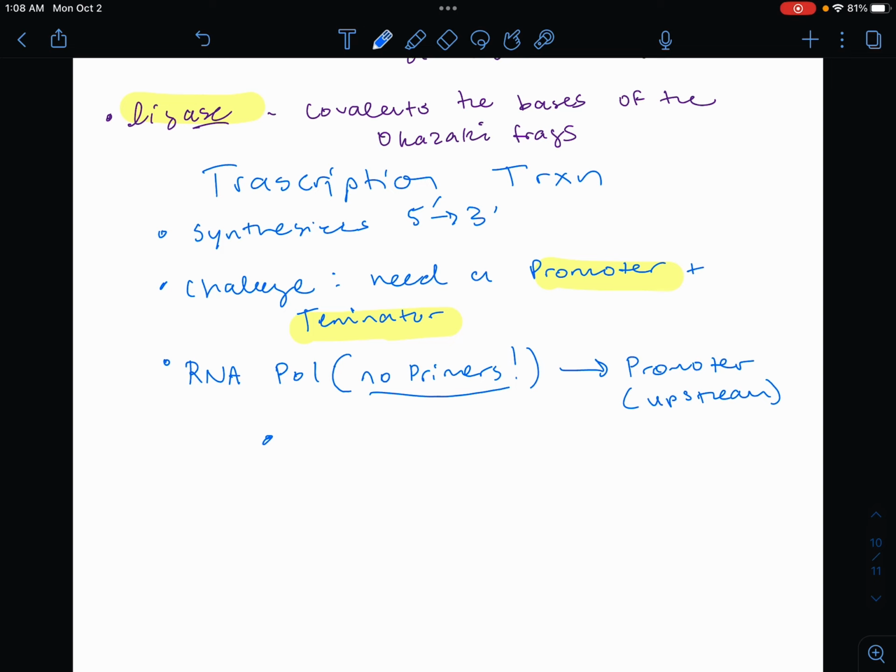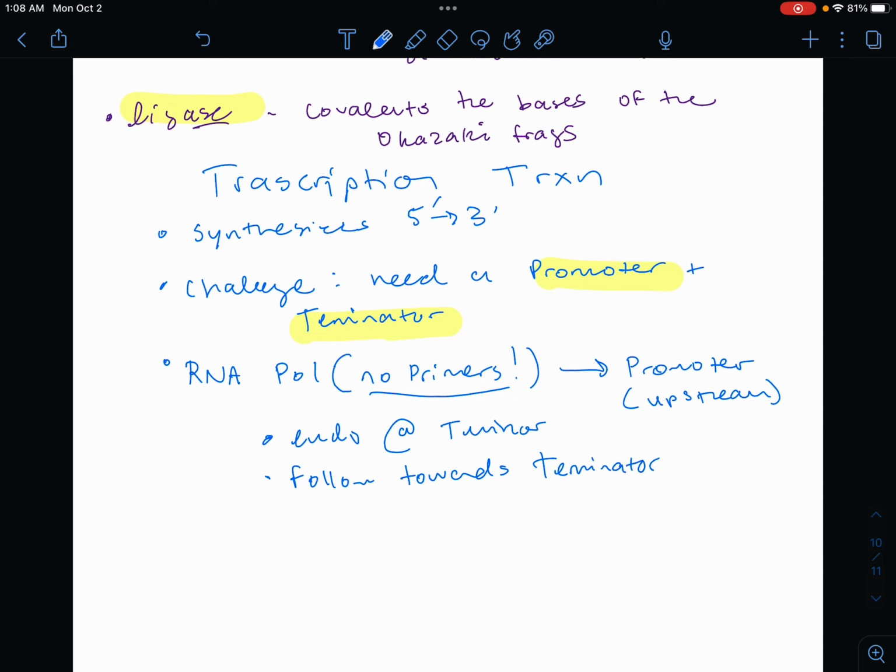Okay, so it ends at the terminator. And how you can tell the direction of transcription is basically just going to follow towards that terminator.